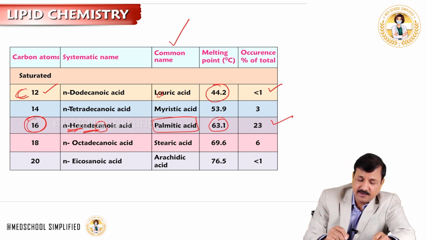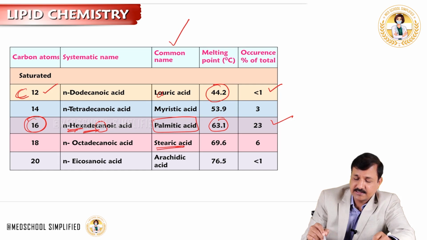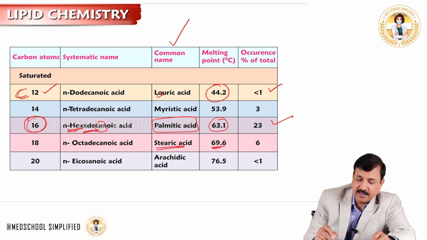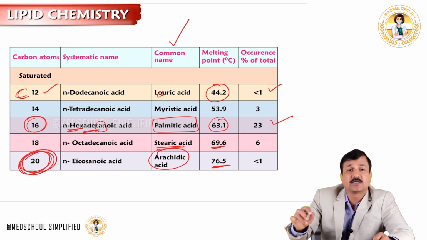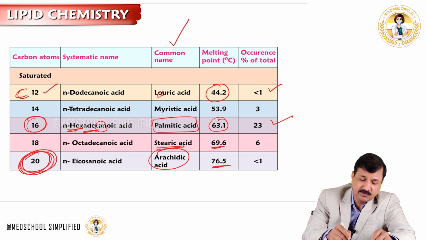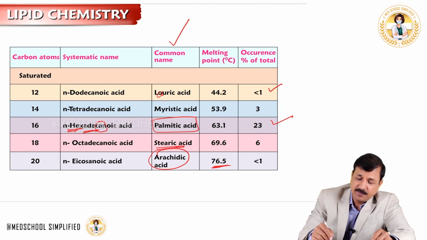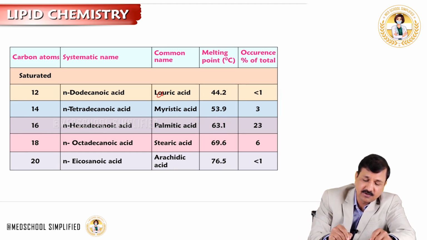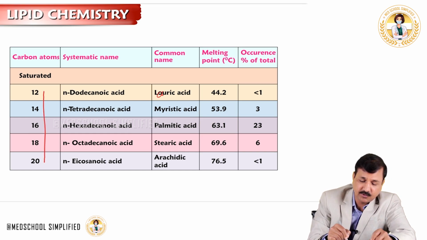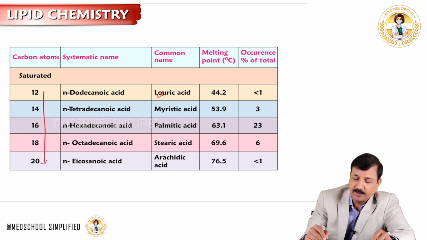And then we have 18 carbon fatty acid, stearic acid, melting point 69.6, occurrence is 6%. And then arachidic acid, melting point is 76.5. It has 20 carbons. So the point here is, as you observe, as the hydrocarbon length increases, going from 12 all the way to 20, look at what happened to the melting point.